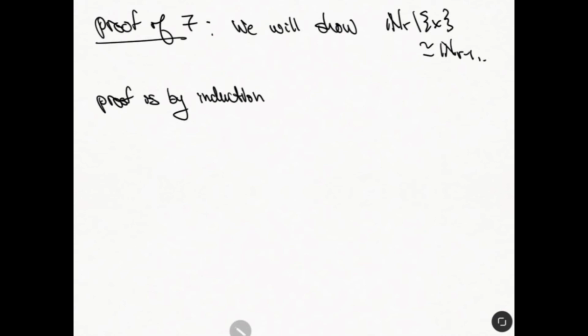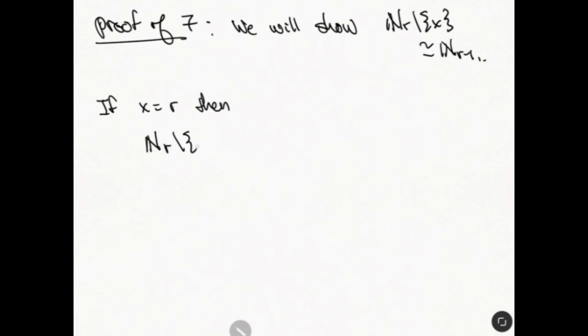I guess we don't need to really do induction here. You can even rearrange the terms. So let's do the case if x is equal to r, then n sub r minus r is equal to n sub r minus 1. So we are done, since it's actually equal, the bijection is just the identity.